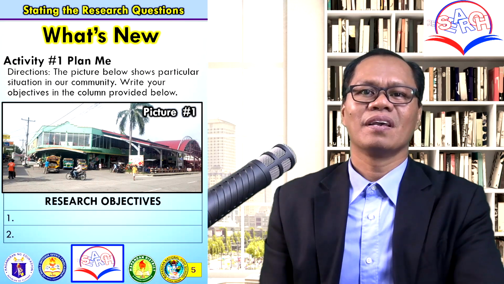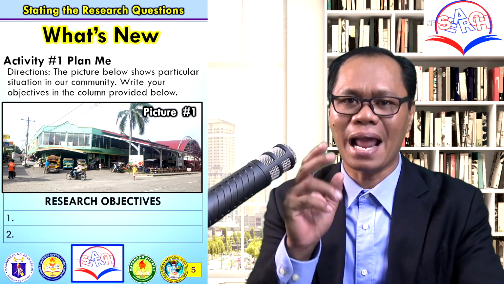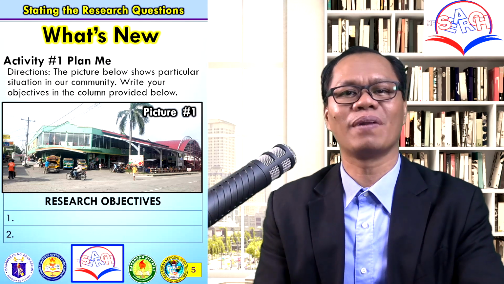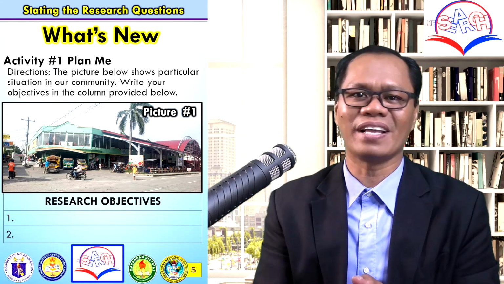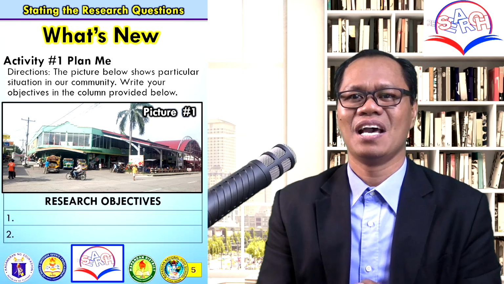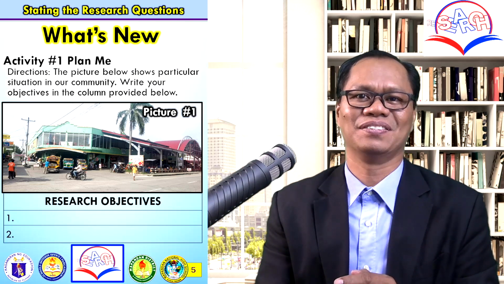All right? There is something new for you to do as your activity, called planning. Researchers, in this activity, you need to apply the tips on how to write research objectives that I have just discussed. But before you do the activity, always read the direction.